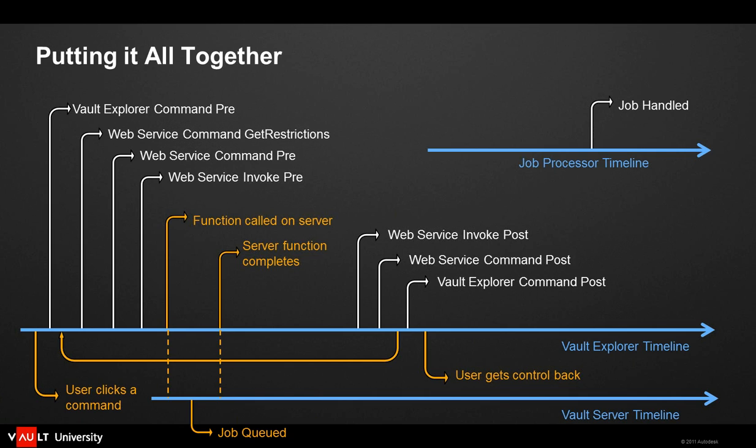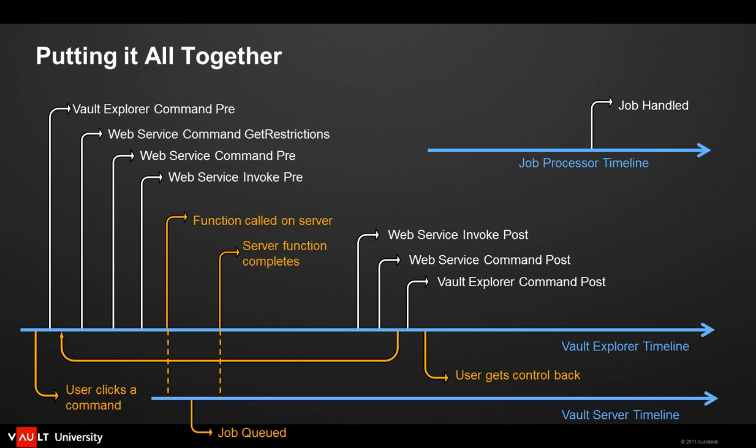Then the result gets returned. Then you've got your invoke post, you've got your command post. Maybe Vault Explorer loops around a bit, makes some more calls. Once that's done, you get your Vault Explorer command post, and then Vault Explorer gets control back from this execution thread.